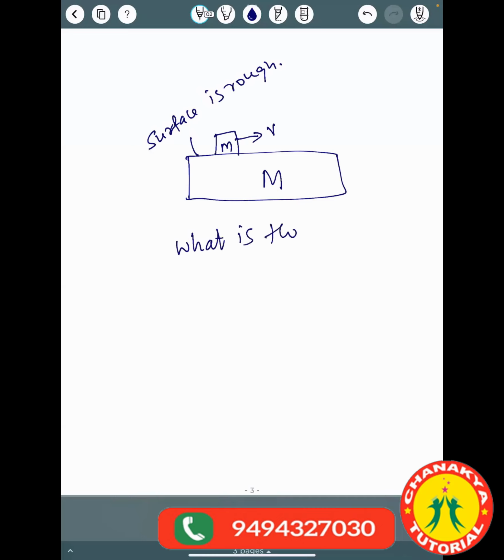This is a small m, this is capital M. Think microscopically, take your time.